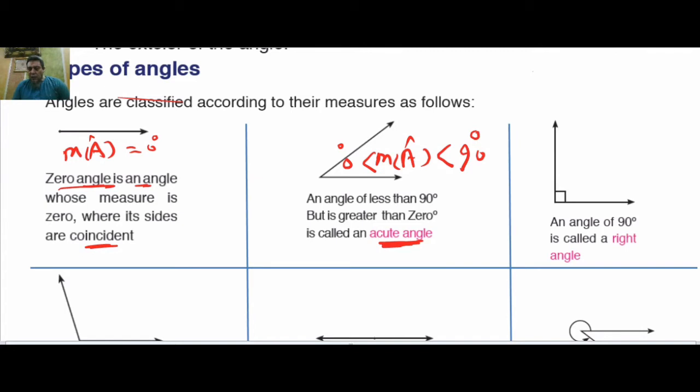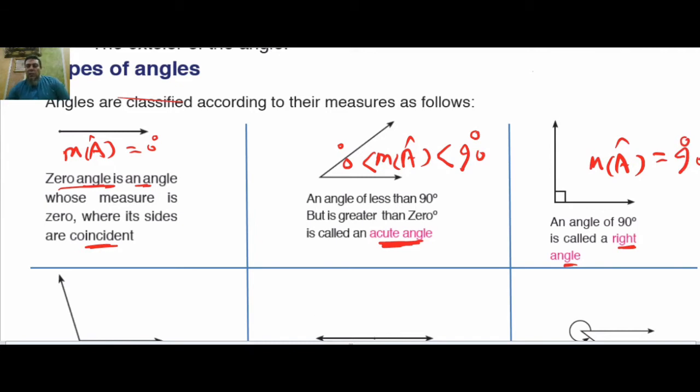The third type, the right angle, is the angle whose measure equals exactly 90 degrees.